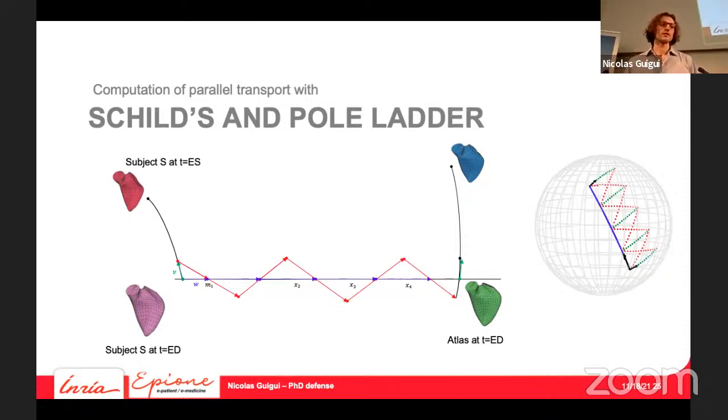And so using pole ladder, it's not that much of an additional burden to have parallel transport, except that we have the logarithm, but otherwise we can compute it in one pass through the main geodesic.